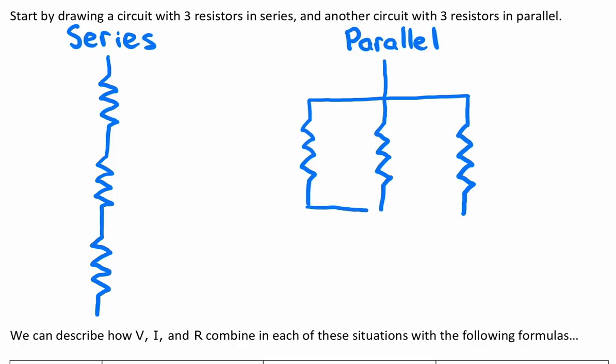And then at the end of those options, the current would recombine and head back out into the circuit. So that's what 3 devices or 3 resistors in series look like compared to 3 devices or 3 resistors in parallel.